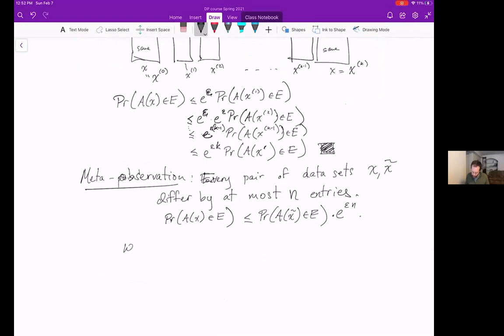So when epsilon is much smaller than 1 over n, this really means that no useful information at all can be revealed about the data set.